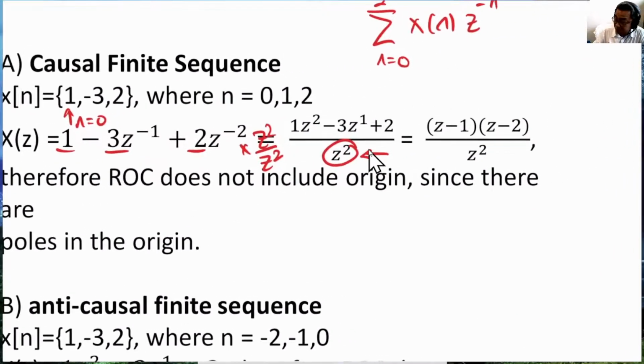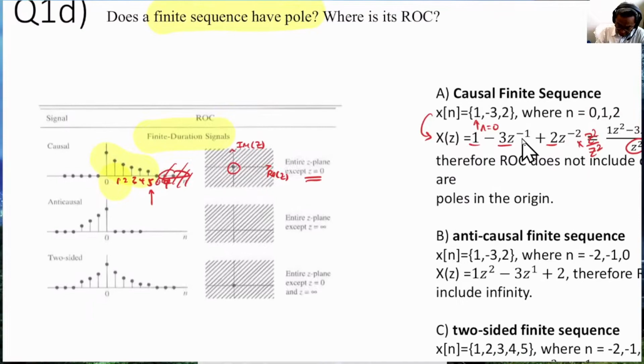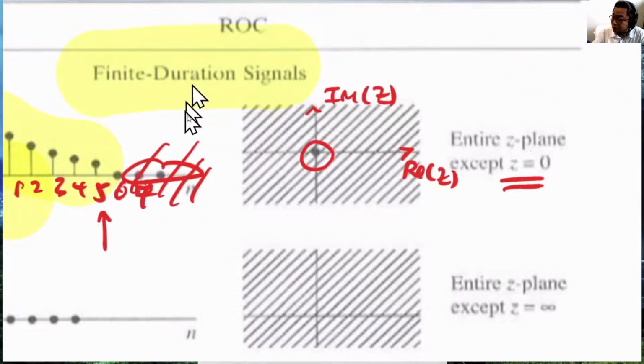What about the zeros? When we substitute z equals 1, the whole numerator becomes 0. When we substitute z equals 2, the whole numerator becomes 0. So for this particular example, the shaded region is the region of convergence. We should put an x at the origin, times 2, because there are 2 poles at the origin.